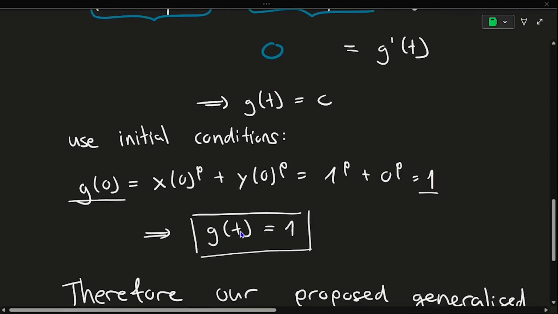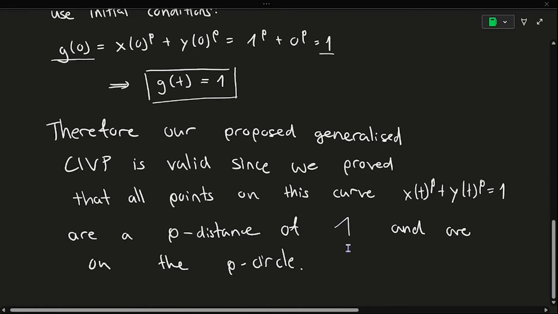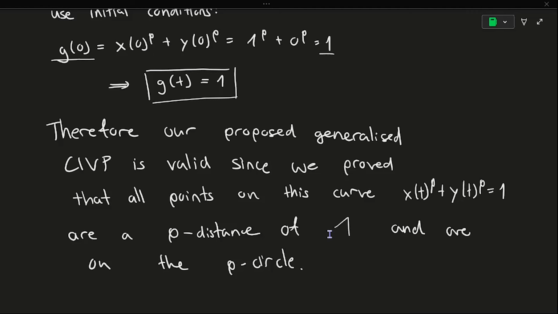Therefore, if g of t is 1, we have proved it. You can read this text to see exactly the precise formulation, but basically this means that all points are at a precise p distance of 1 from the origin, and that proves that our derivatives were natural and valid extensions because we used them and we got what we wanted to get.